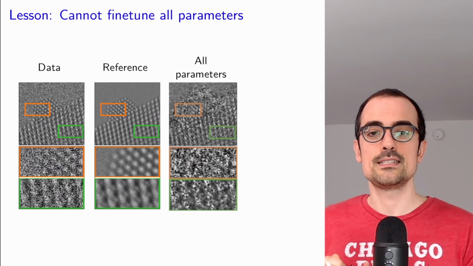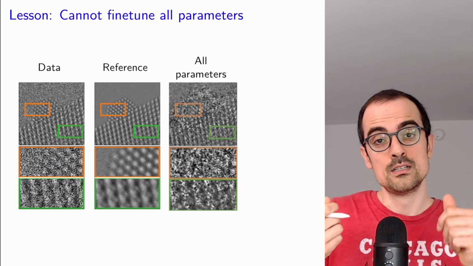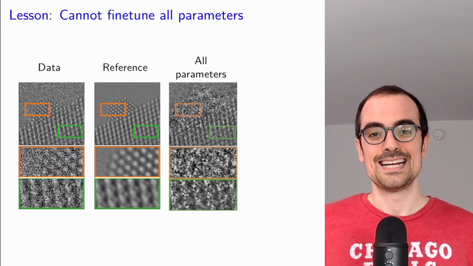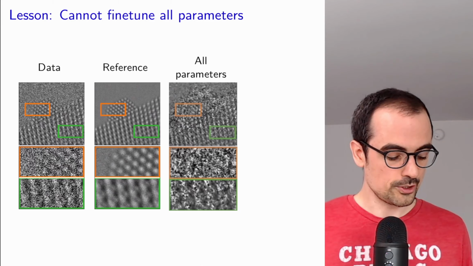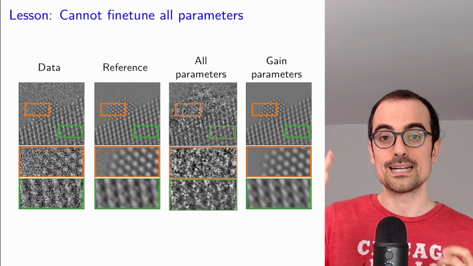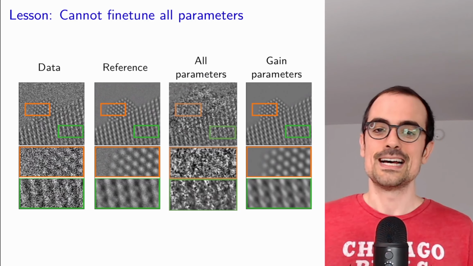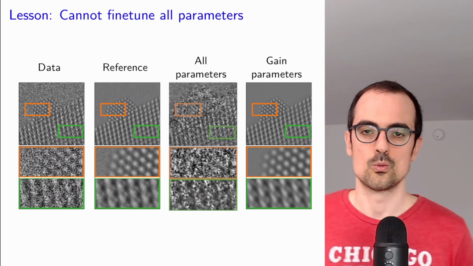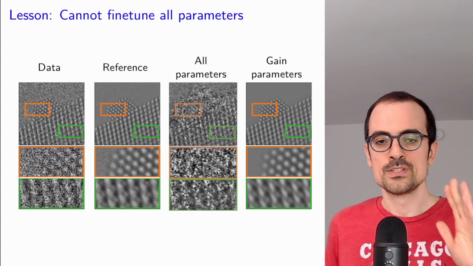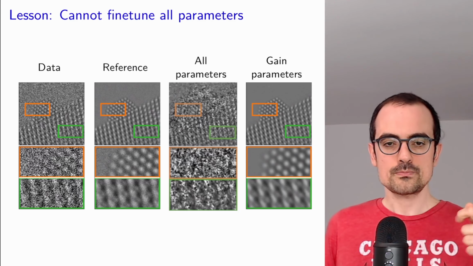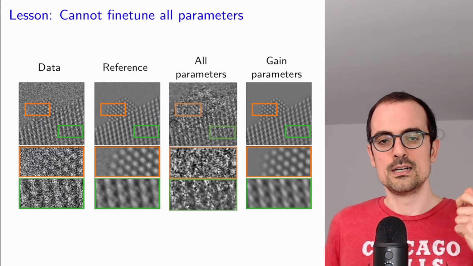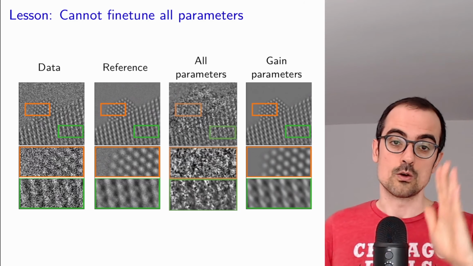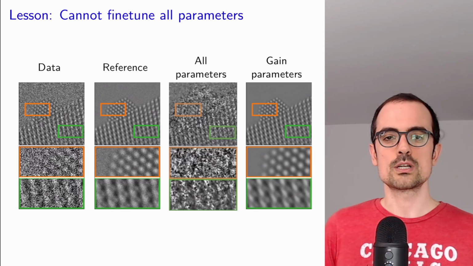But then we realized that if you only fine-tune a subset of the parameters of the network, this actually works very well. And the subset that we fine-tune are the gain parameters within the batch normalization layers of the network. And I will refer you to the video on supervised learning for what batch normalization is. But essentially, these gain parameters are used to scale and shift the features within the convolutional layers of the neural networks.